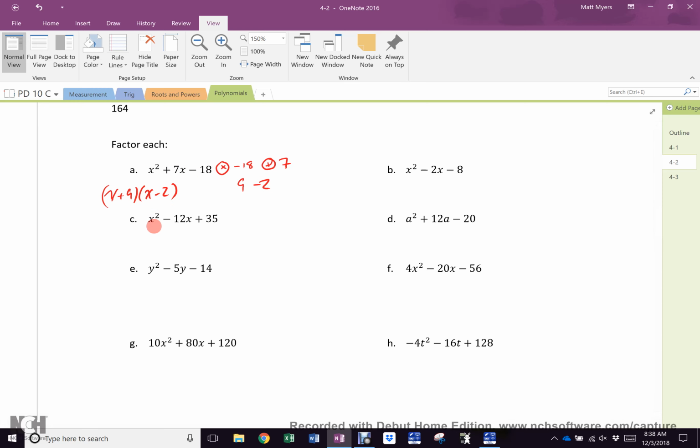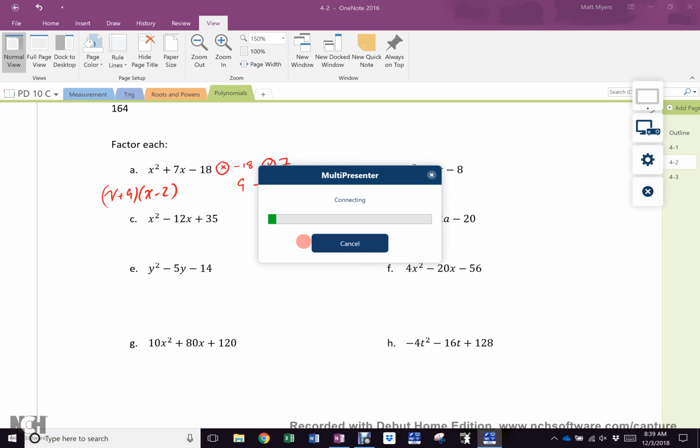Now, some of you will be taught a different way to factor these. I've been doing this for 23 years. I have seen hundreds of ways to factor these things. I am telling you right now, this is the most efficient method. You never have to guess. You never have to worry. This works.